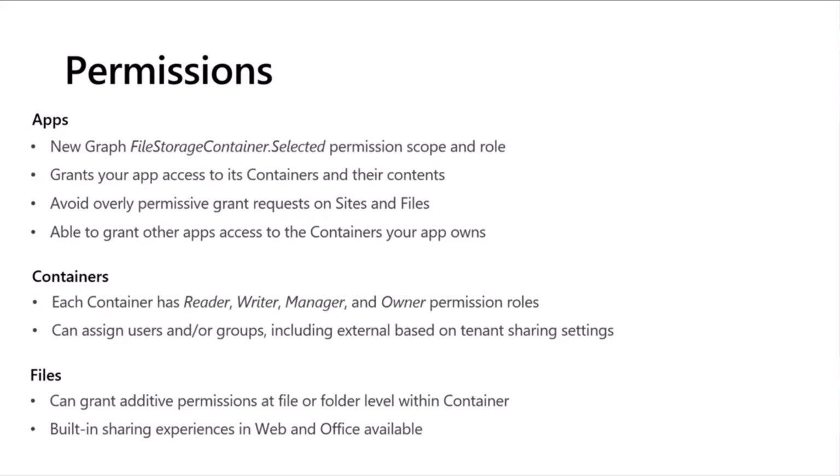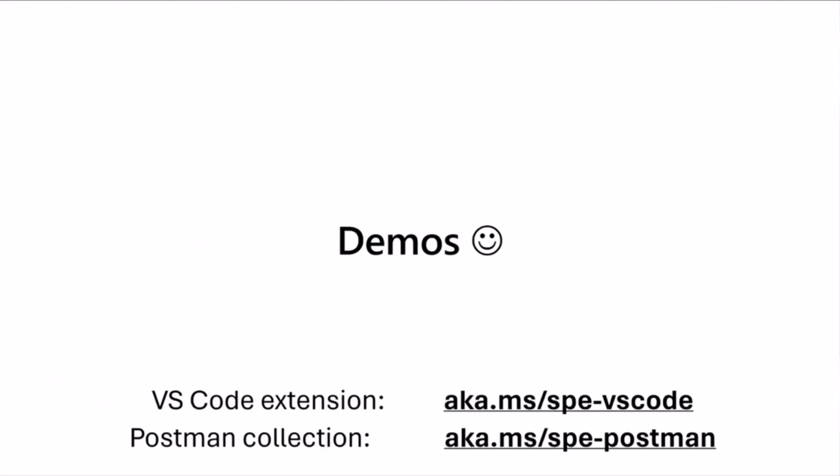You can assign either at the folder level or at the individual file level, and you can grant permissions to those individual drive items as well. If you do it at a folder level, it will cascade down. So, additive permissions at the file and folder level. That is also what enables some of the built-in sharing and collaboration experiences that you see with Office web and desktop. So that's pretty much it in terms of the theory here.